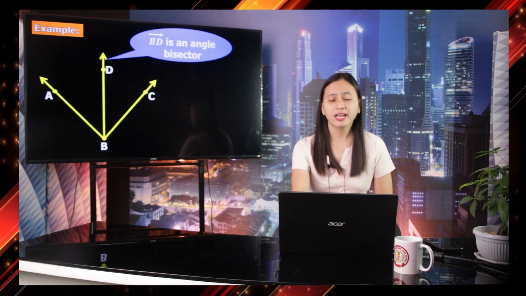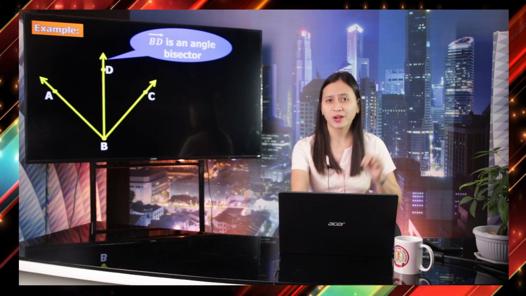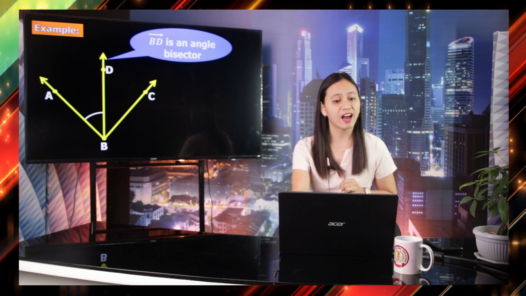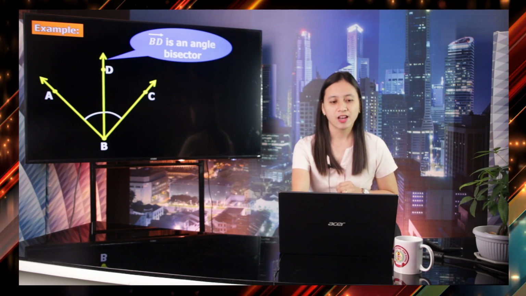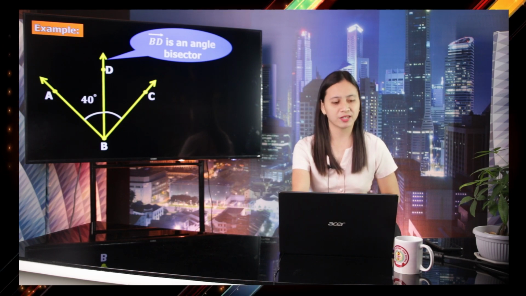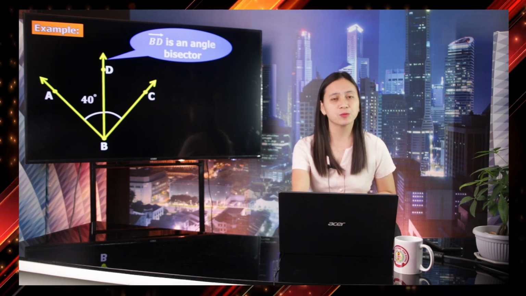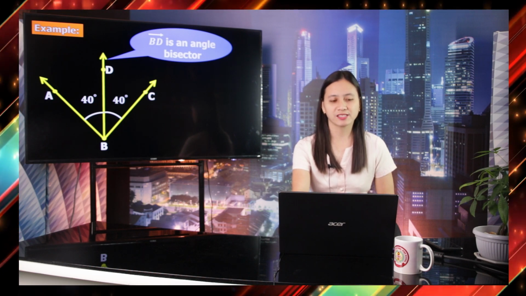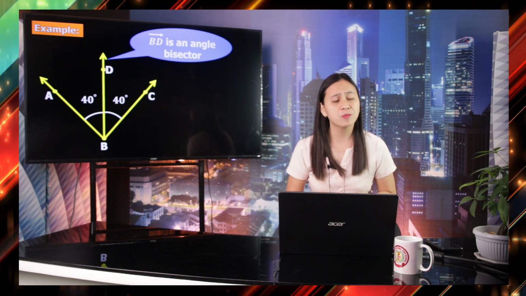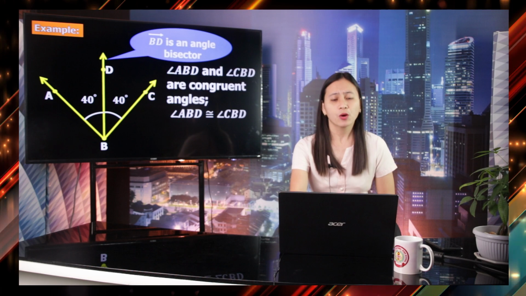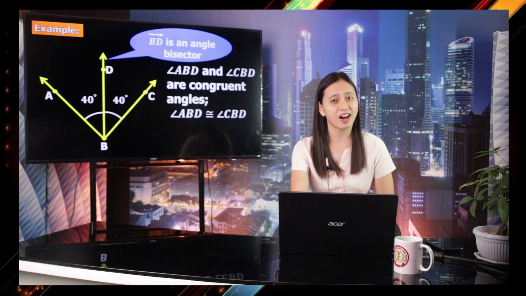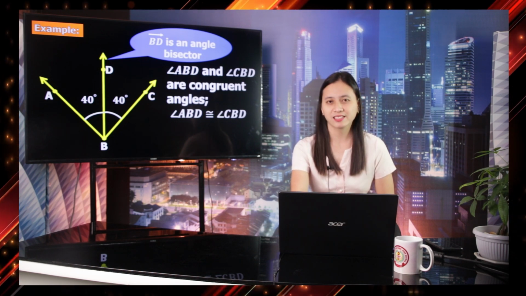So we already have 2 angles formed, right? We have angle ABD and angle CBD. Suppose that angle ABD measures 40 degrees and angle CBD measures 40 degrees. Since the 2 angles have the same measure, 40 degrees, we can say that angle ABD and angle CBD are congruent angles.